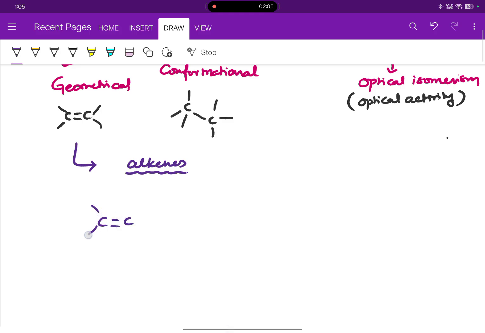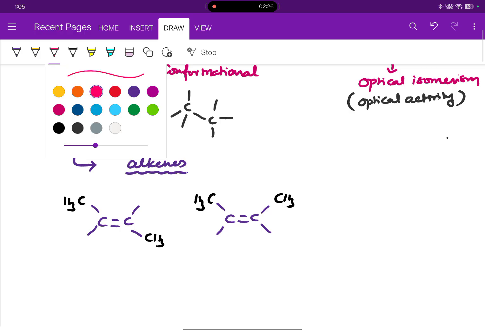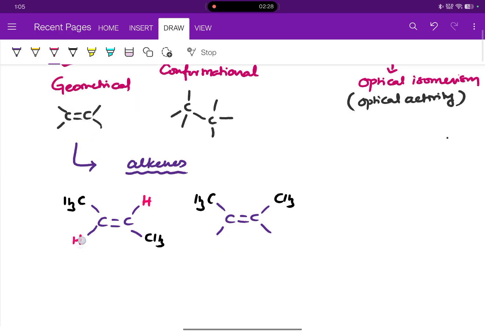For example, if you take the example butene, you can have the CH3 on the same side like this, or the CH3 can be in the opposite direction. Cis and trans. Exactly. So in this case hydrogen is in the opposite direction, methyl is in the opposite direction. Here hydrogen and methyl are in the same direction. So both are butenes.